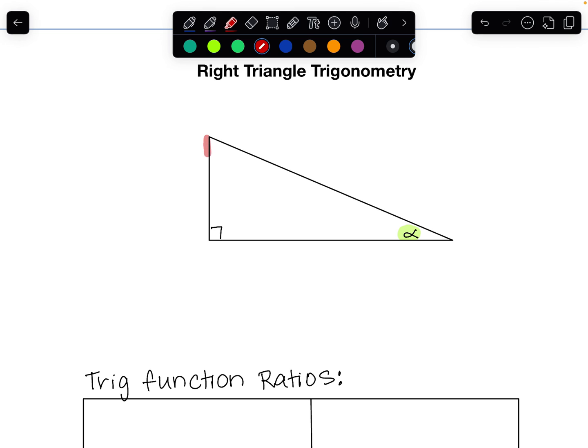This side of the triangle is going to be considered the opposite side. The longest side of the triangle is always the hypotenuse.